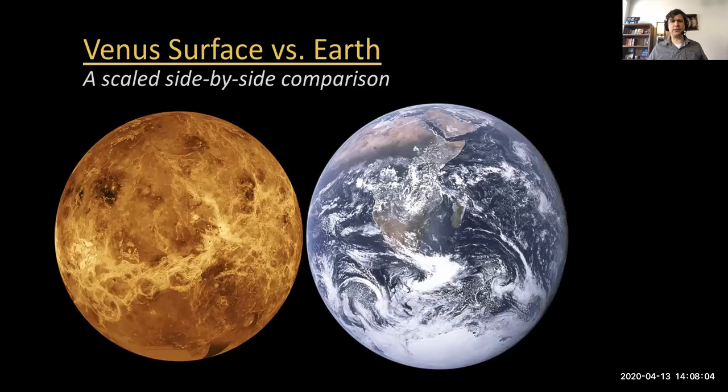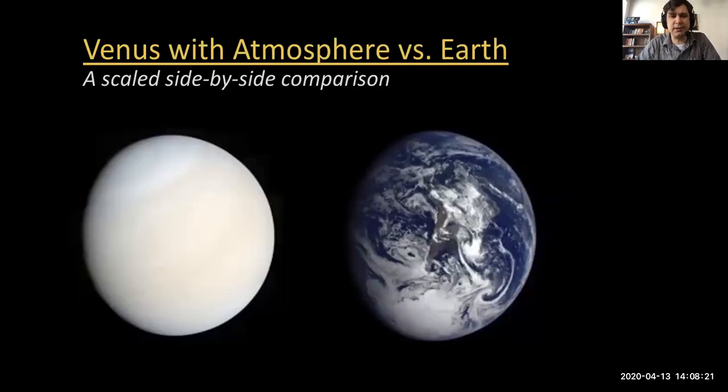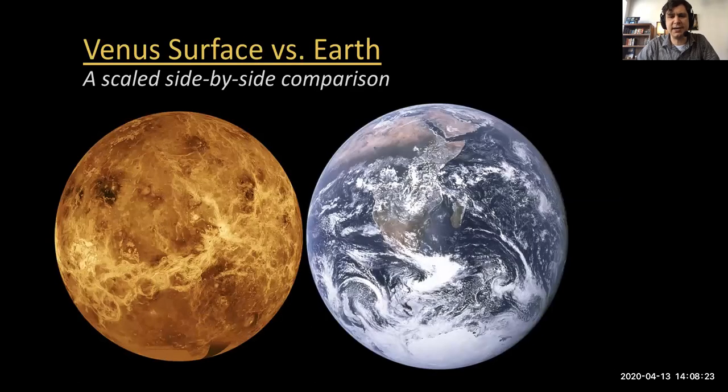However, we are able to see Venus underneath the clouds because we now can leverage different parts of the electromagnetic spectrum, and we can use longer wavelength radiation like microwave and radio to actually see the surface of Venus. So here we have a side-by-side comparison of the two planets. They're both scaled according to size. And you can see that Venus is almost exactly the same size as Earth.